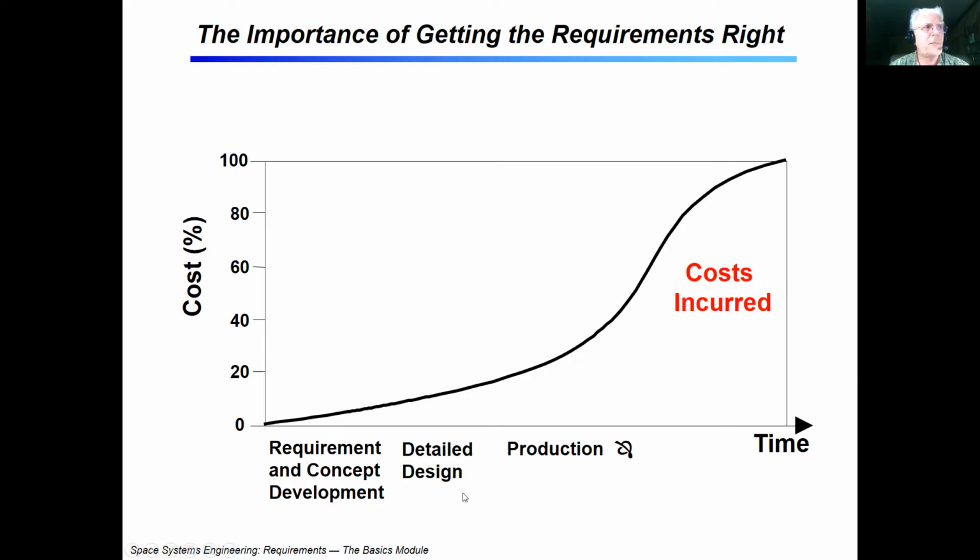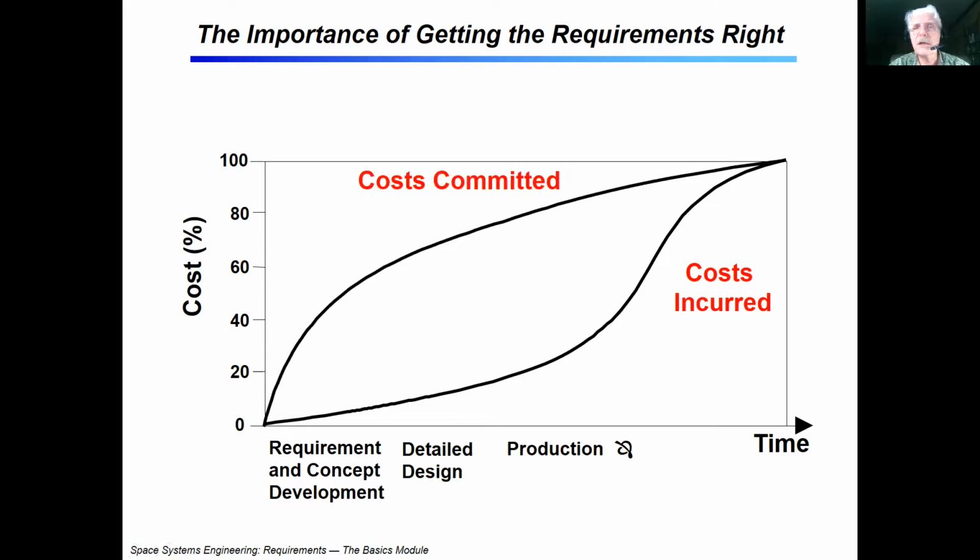As you go on through the detailed design and into production and operation, obviously the costs go skyrocketing. In fact, most of your costs for a project are incurred later in the project.